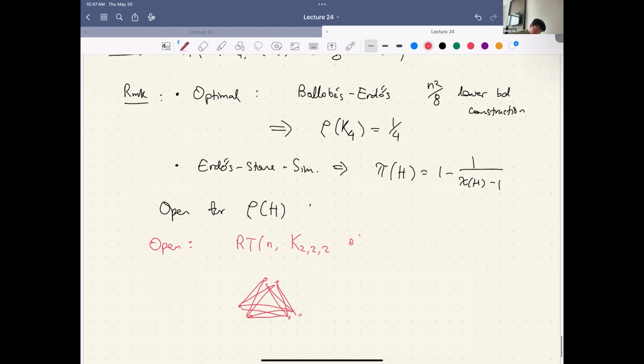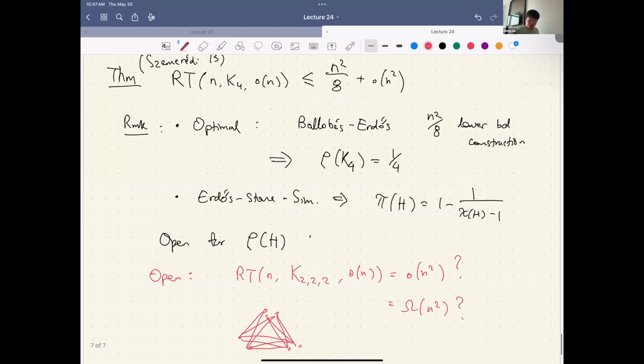This guy, we don't know whether this is little o(n) squared or it has positive edge density. That we don't know.